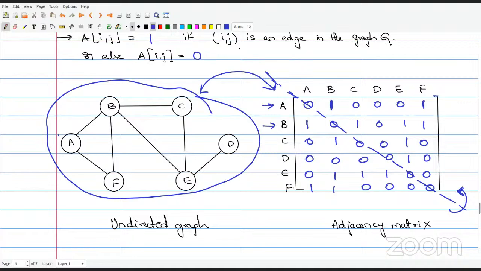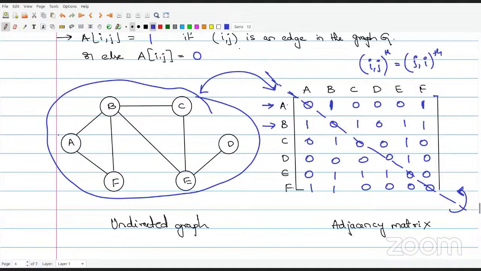We can also say the transpose will be the same. If people understand what a transpose is, well and good. This transpose means the ij entry will be the same as the ji entry. Ij means first row, maybe third column entry will be the same as third row, first column entry.